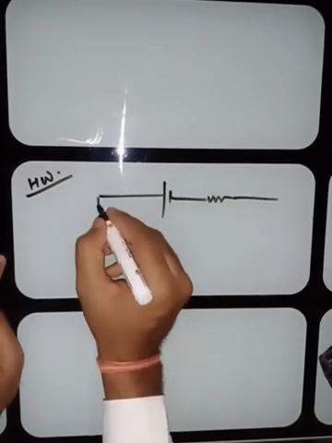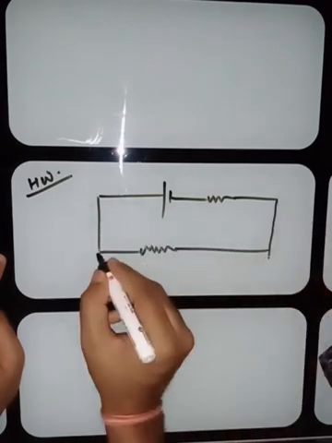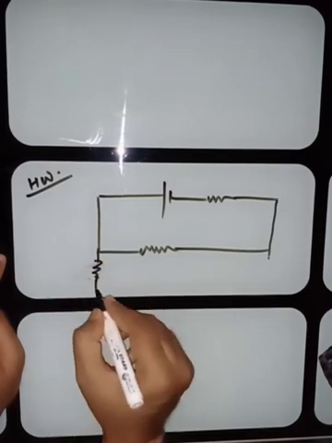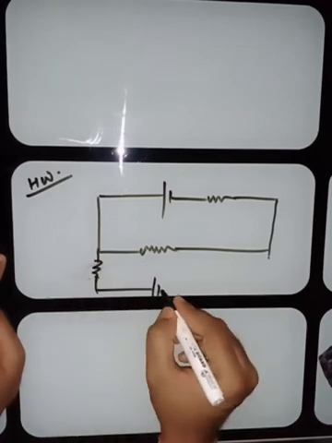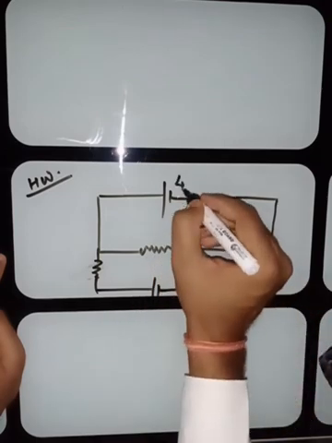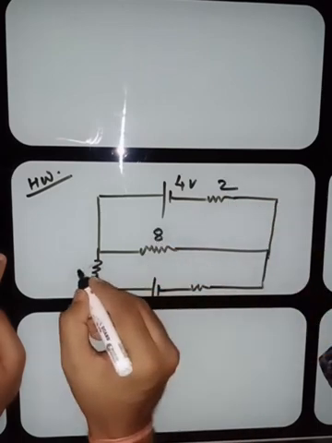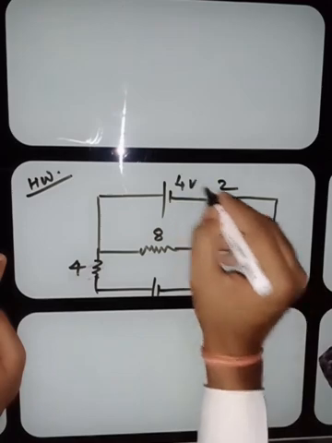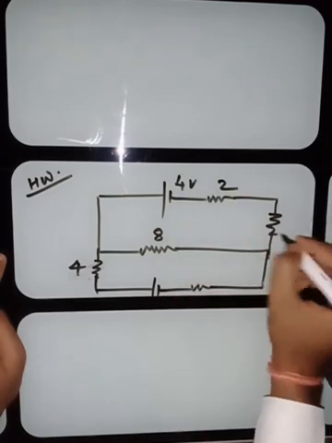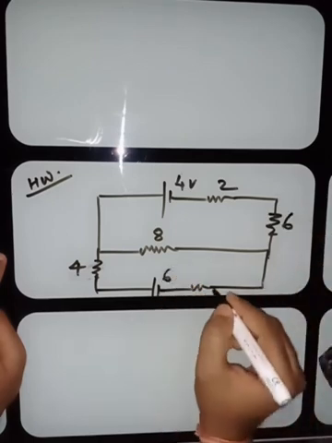Using current distribution, that I will teach you in the next class. I'm just giving you homework. If you can solve, it would be very nice. The 4 volt, the 2 ohm, here the 8 ohm, here the 4 ohm, okay, take another resistance, it is 6 ohm, and this is 6 volt.